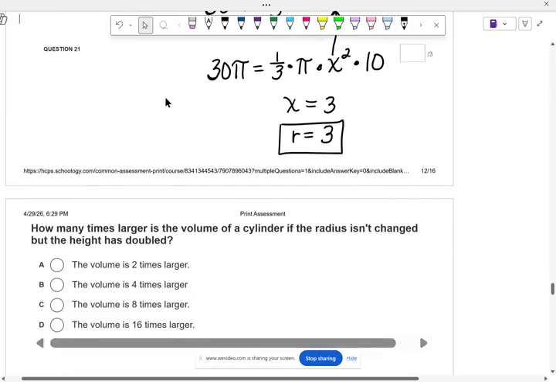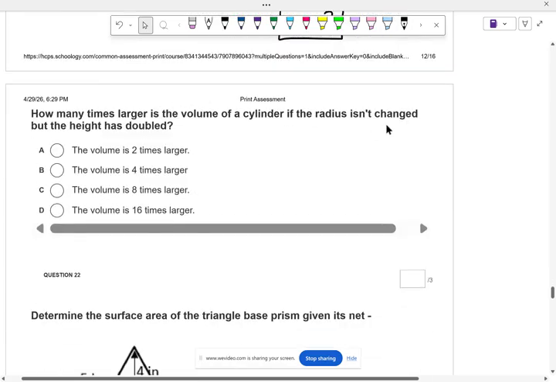All right, number 21. How many times larger is the volume of a cylinder if the radius isn't changed, but the height has doubled? So we need to go get the formula for the volume of a cylinder.